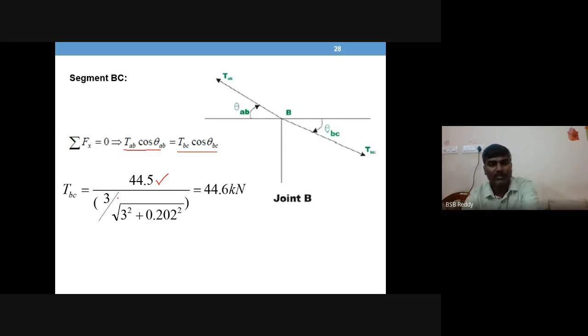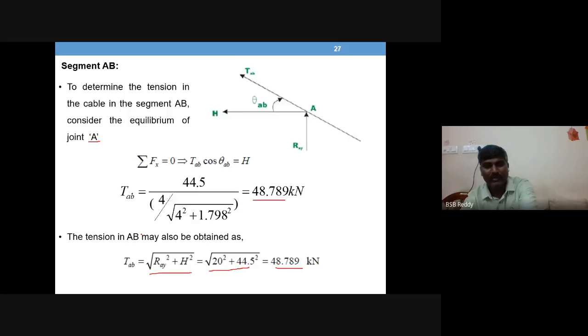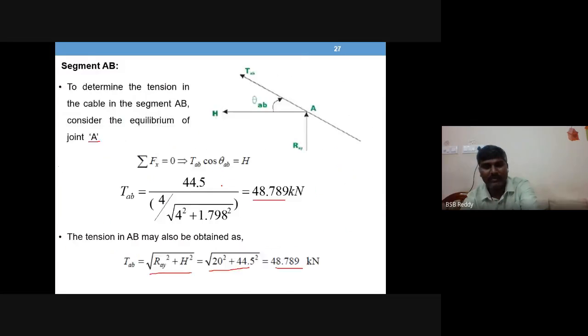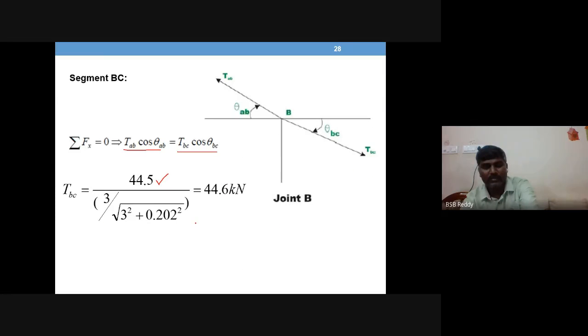Cos theta. So cos theta is the adjacent side, 3 meters, by the hypotenuse. The hypotenuse is the square root of 3 square plus this dimension, 2 minus 1.798, which is 0.202.